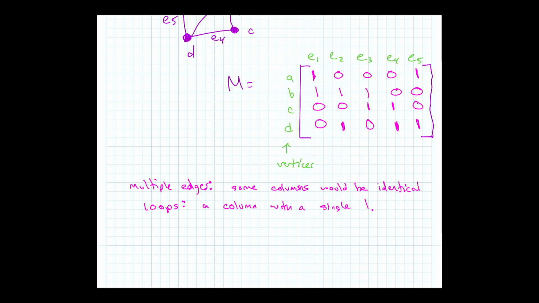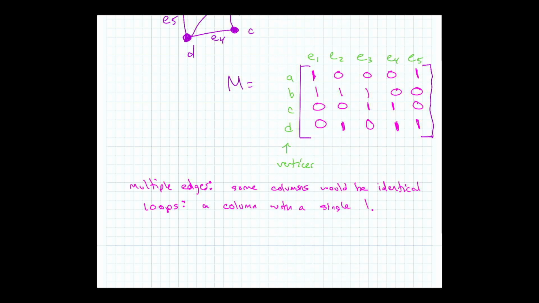E3, 0, 1, 1, 0. Two 1s in every column. Why do you have two 1s? Because every edge starts somewhere and ends somewhere. So you end up with two 1s in every single column, except if you have a loop, because a loop is only on a single vertex. So a column with a single 1 would automatically be a loop.